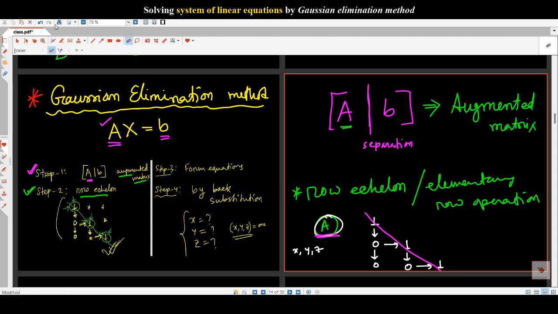Think about the diagonal. So here we have the diagonal elements. Suppose we have a matrix, you know that this is the diagonal.